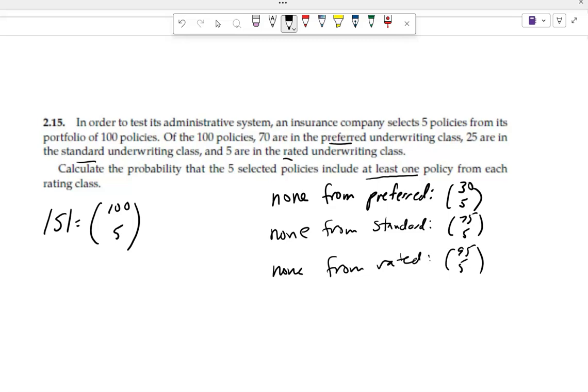That would just be that they all came from the rated. Or I could do these two at the same time, they all came from the standard. Or like with the they all came from the preferred and they were neither standard nor rated, right? So I have to be a little bit careful. This is going to have some overlap. So how can I take care of that?